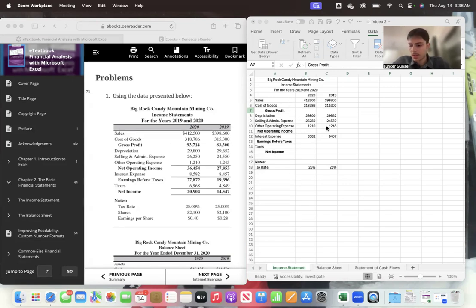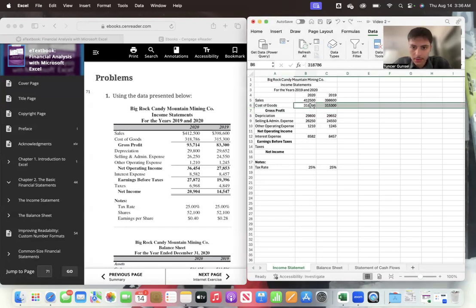Income statements are very important for a company because they usually provide financial information, and it basically shows if our company is profitable or not. Okay, so first of all, I'm going to put in our custom format.